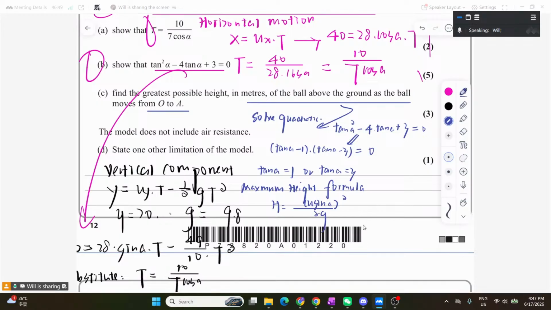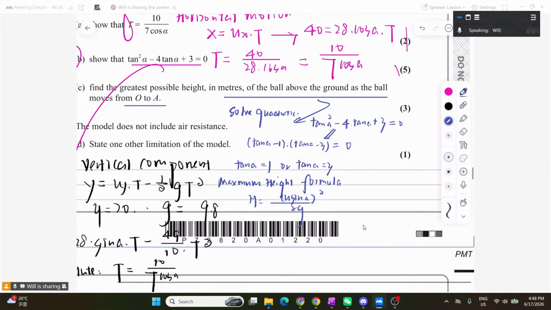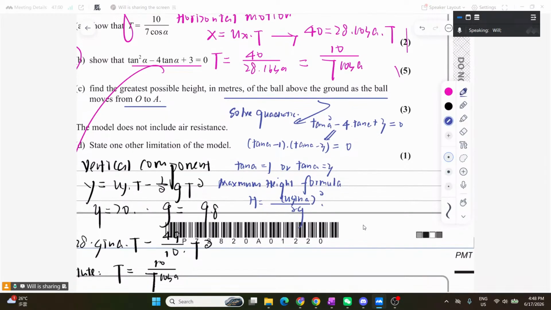No problem. Understand? Okay. So we can get this one, and we know if we have a larger sine alpha, we get a larger height. So we take tangent alpha equal to 3.